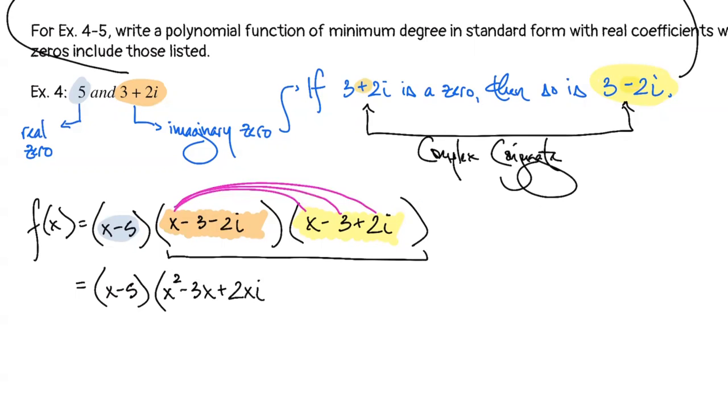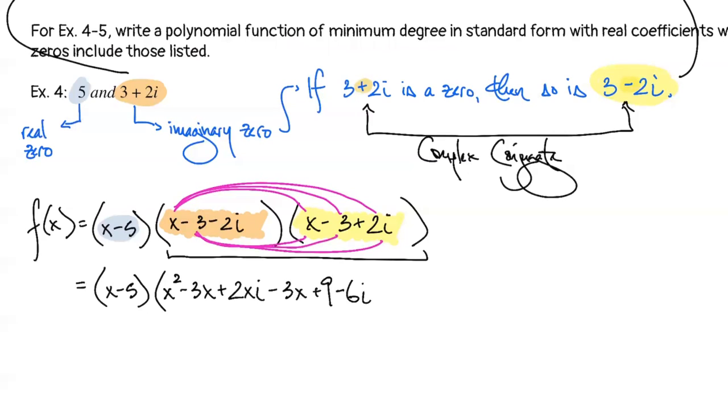Then what's the next thing I'm going to distribute? The negative 3. Good. I take this negative 3 times the x, the negative 3 times the negative 3, and the negative 3 times the 2i. And I get negative 3x plus 9 minus 6i.